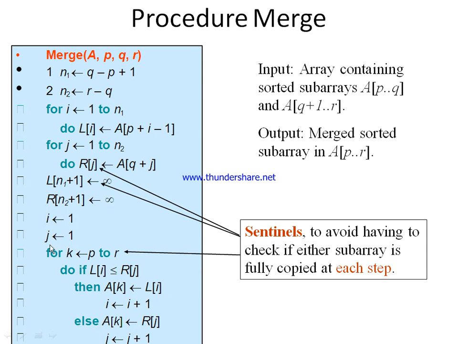And next, the initial counters I and J are initialized to 1. And next for K, K goes from P to R, that is from the initial index to the ending index. Do: if left of I, L of I, is less than or equal to R of J, then L of I is moved to A of K and increment the I count.